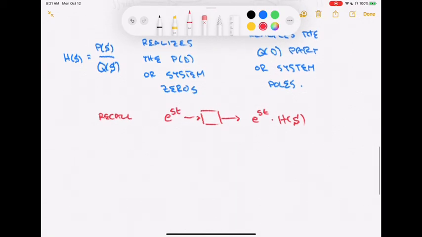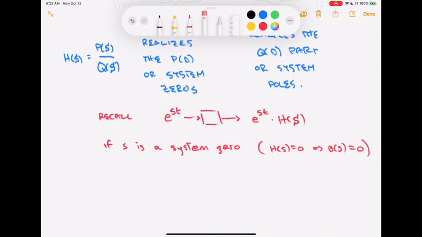If S is a system zero, if we choose our input frequency that matches with the system zero, what is a system zero? It's when H of S equals 0, and that really implied that the numerator of H of S was equal to 0. I'll call that guy P. It's also called A and B in some contexts as well. So let's just go ahead and leave it as what I said before.